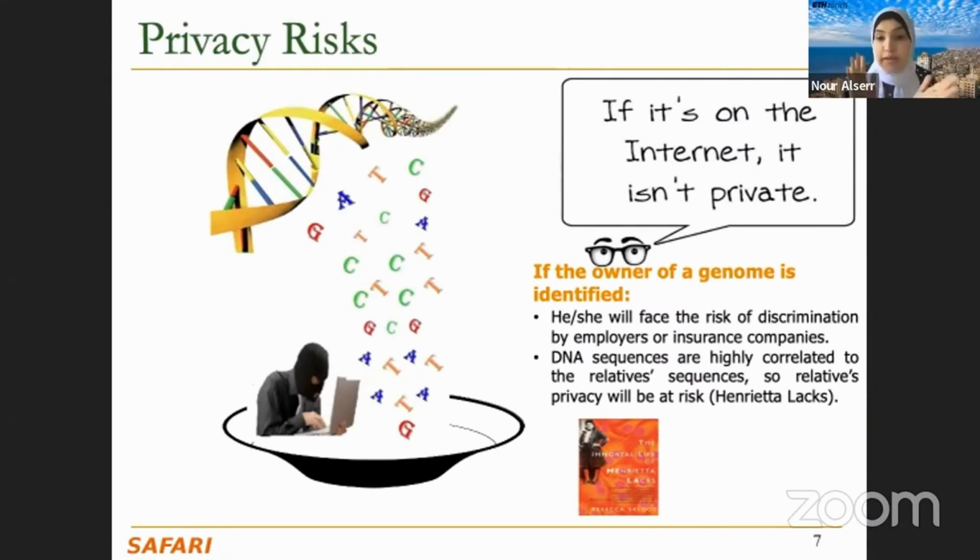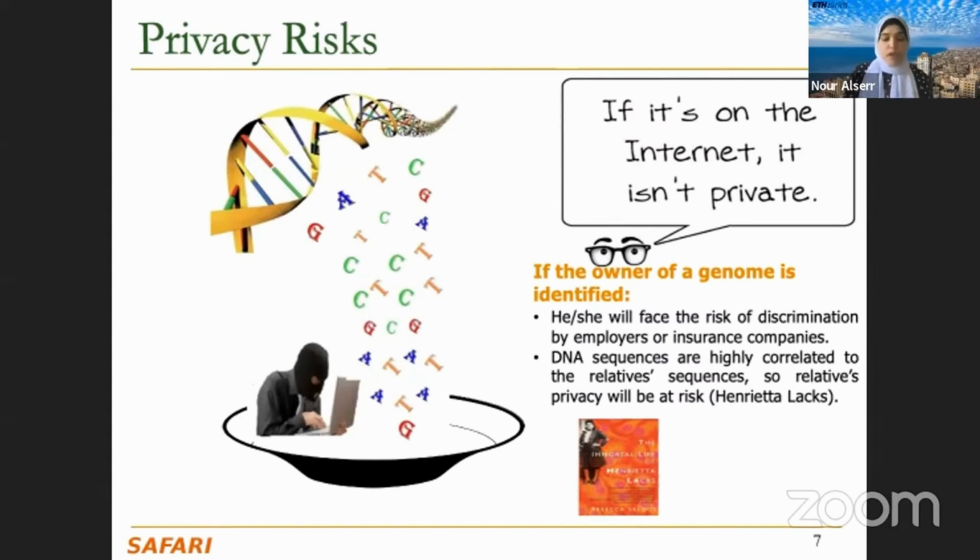Once it is leaked, it's done. And it's not only about one individual's privacy, we are talking about the whole family. I think you know the example of Henrietta Lacks, or Mohammed already mentioned it. You can read more about how the whole family suffered from privacy risks because of the genome of one of the family members.